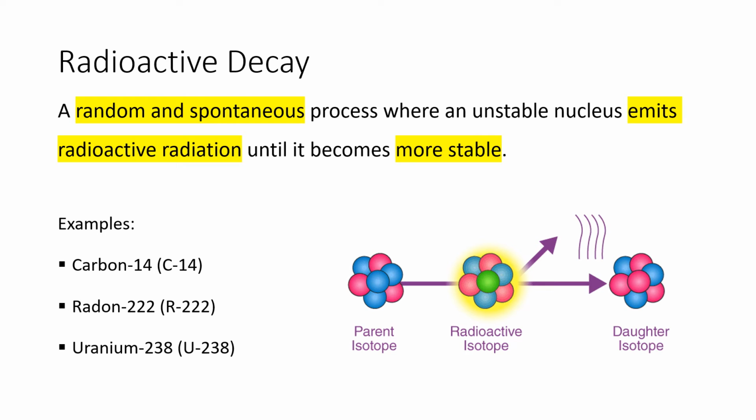These emissions of the most common forms of spontaneous radioactive decay are the alpha decay, the beta decay, and also the gamma decay, which we will go through one by one after this. First is alpha decay.